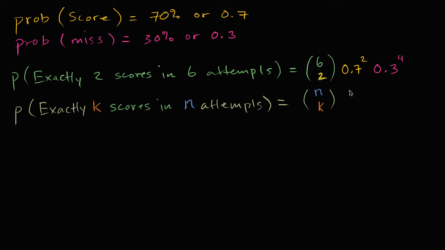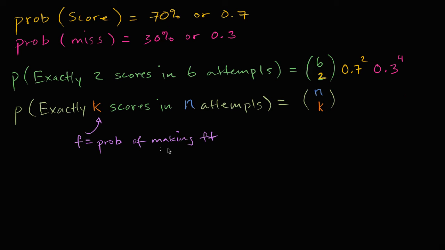And then, actually, let's generalize it even more. Let's say your free throw probability is P. Actually, since I already have a P here, let me just say F is equal to the probability of making a free throw. Or you could say your probability of scoring, if you call a score making a free throw.